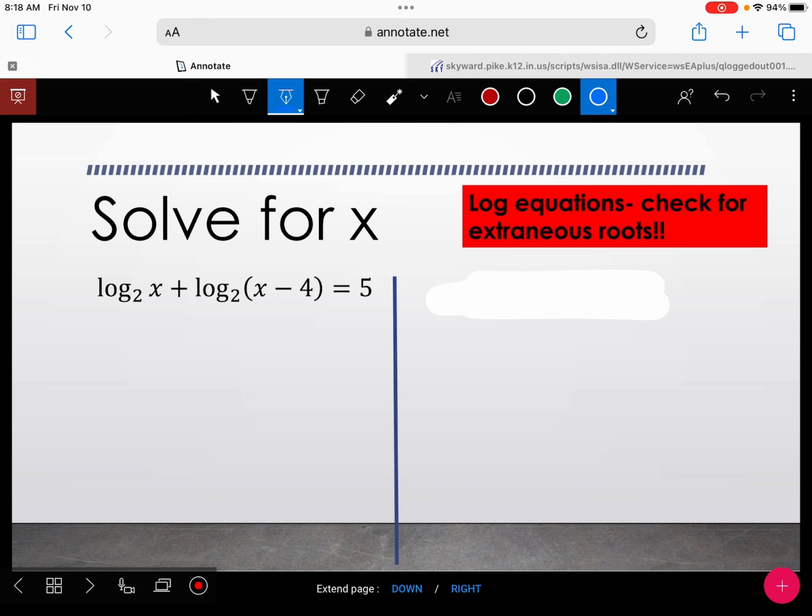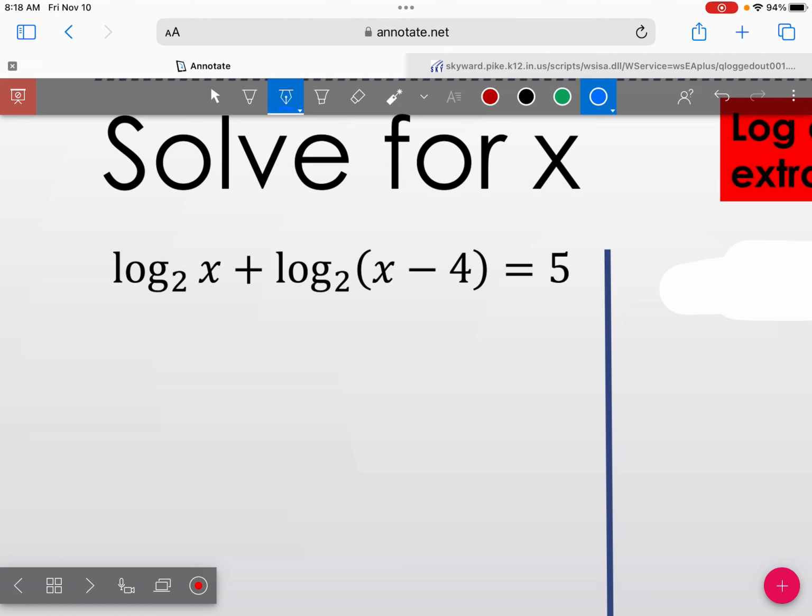So this is the first equation that we're solving that has a property. We have a log property that we have to include. So we need to condense the left. How do you condense addition? Multiplication. So I'm going to condense it down to x times x minus 4.